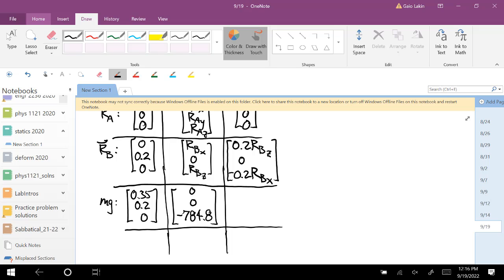Zero, negative 274.68. Something went wrong there. It should have x and y components and not a z component.